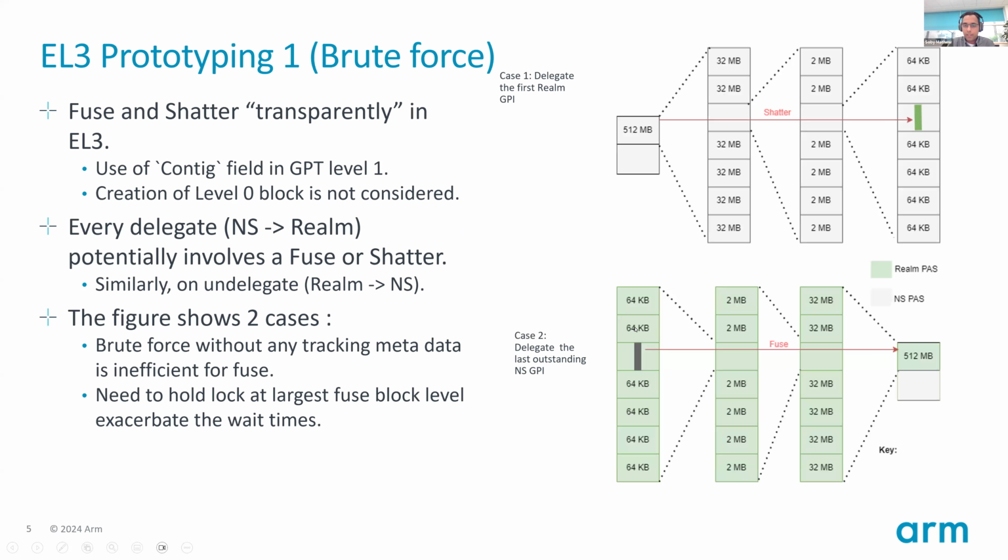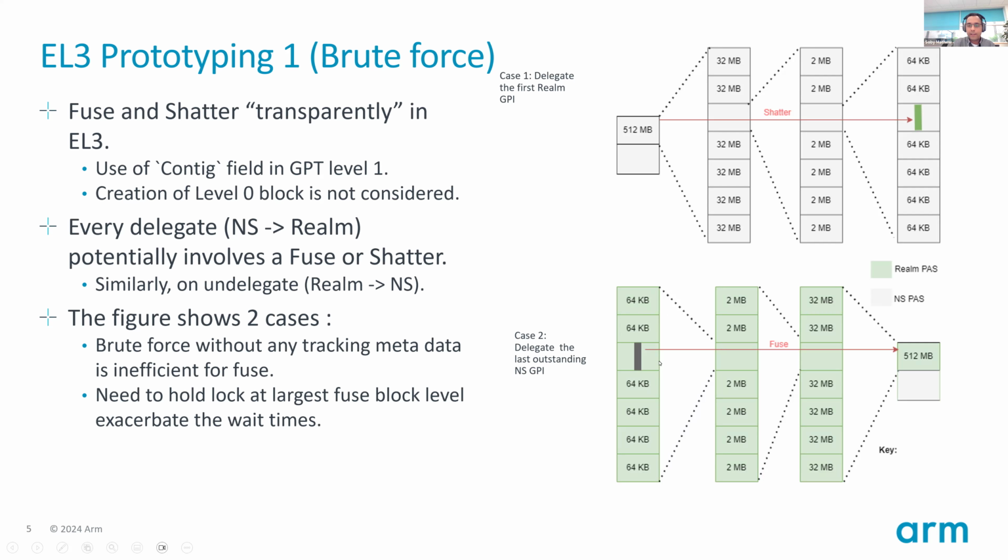If we look at this case too, the metadata keeps track of all the pages which are already in the realm pass, and when the last outstanding non-secure granule is transitioned to the realm world, EL3 will refer to the metadata and figure out that it has satisfied the condition to fuse all of the 32 blocks to a 2 MB block. Hence, it doesn't need to check all the adjacent 32 entries to see if they are indeed realm pass or not.